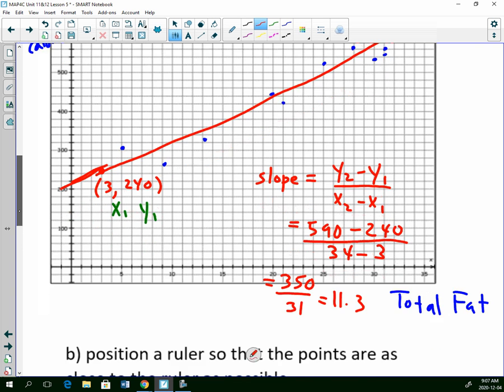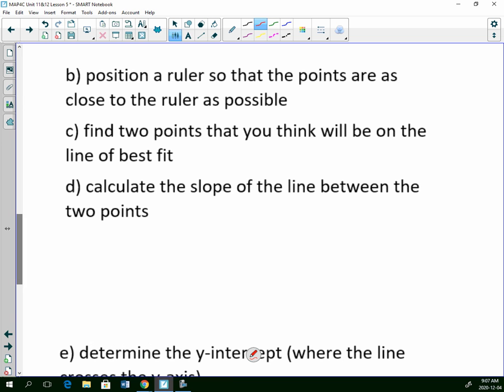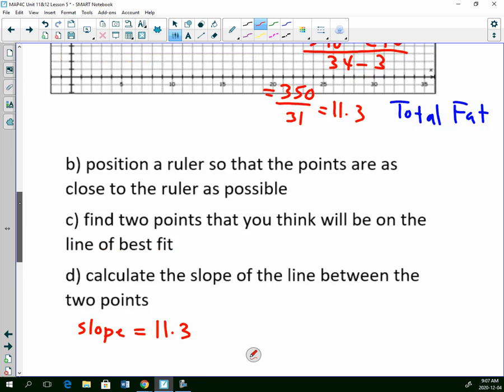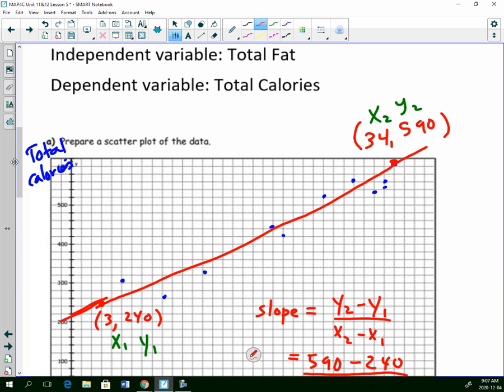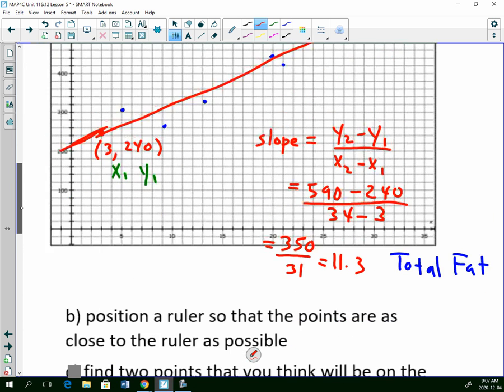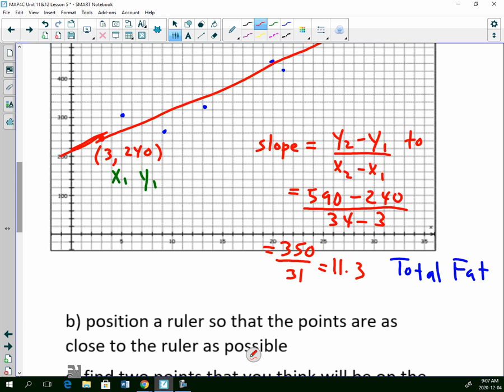What does that mean? So the slope is 11.3. What does that mean? Well, I can see what it means by looking on my graph to see what I'm measuring. So the total calories is on the y, right? So that's what this is. This is total calories.